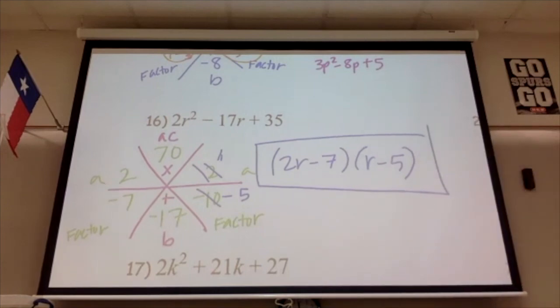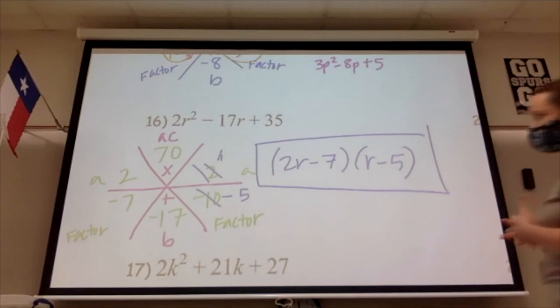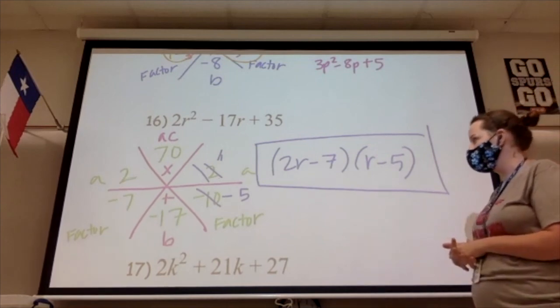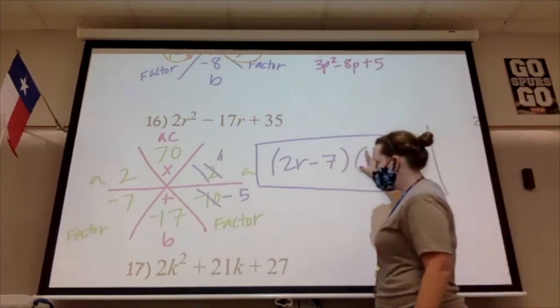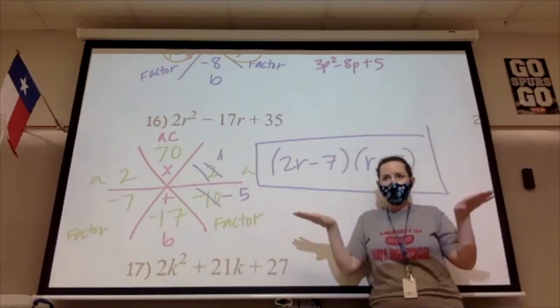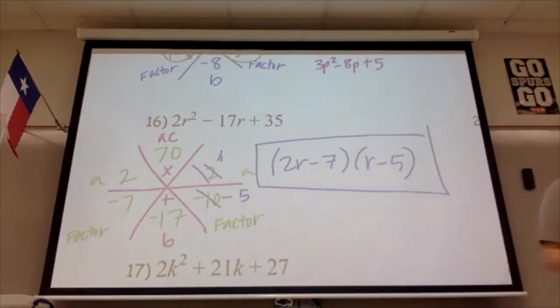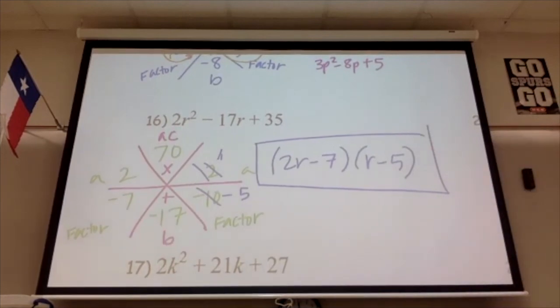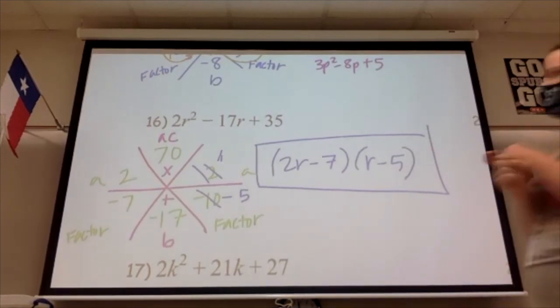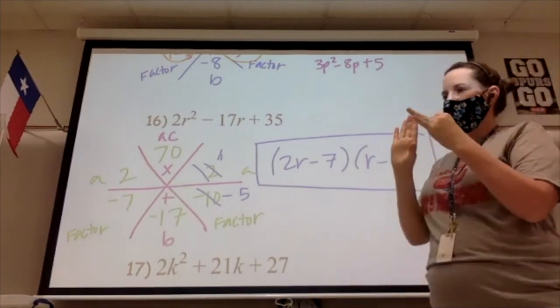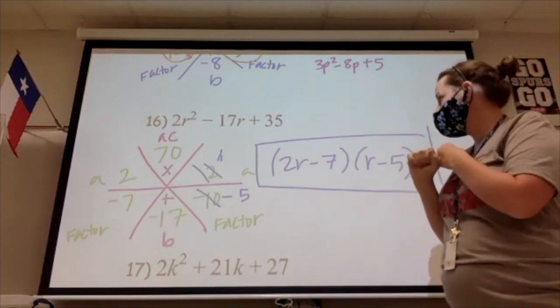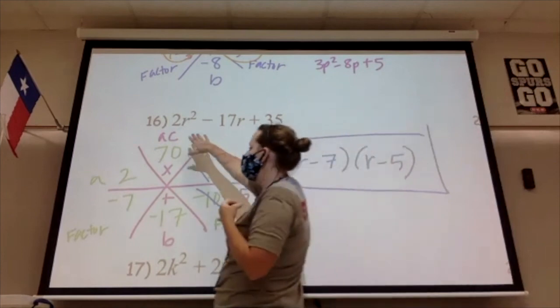So it's important that we know how to factor, because as we start talking about graphs, which is what a majority of Algebra 2 is, you're going to need to solve these to find out where your roots are, where your x-intercepts are. So factoring is going to be something that does not go away for this entire year. Okay, so today we talked about factoring using GCF. We talked about factoring general trinomials where we had a leading coefficient of 1.